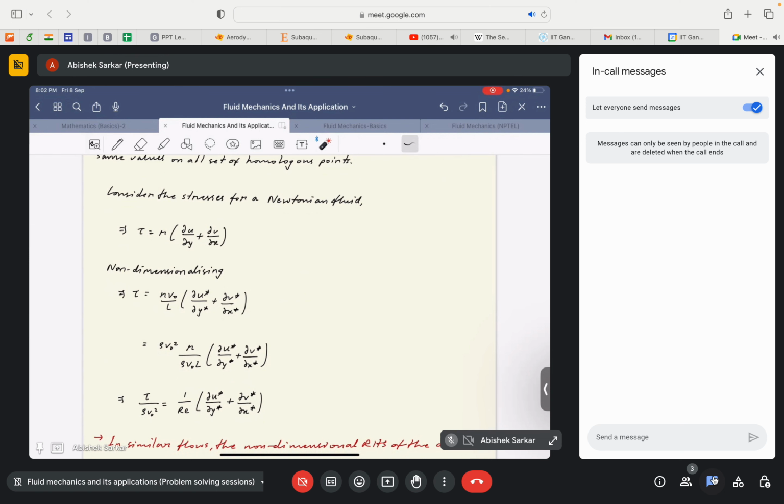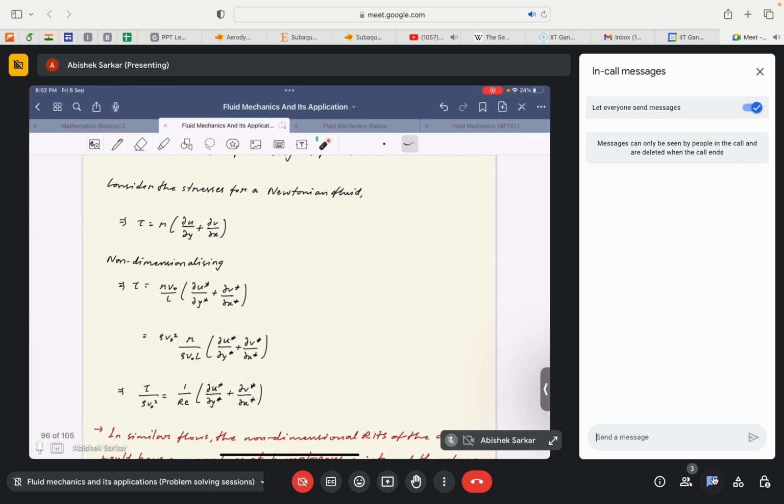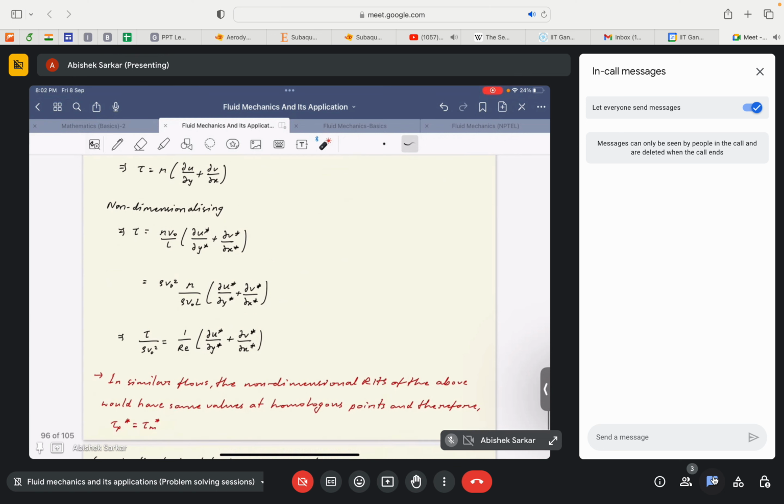Here dou u star by dou y star, the star components, represent the non-dimensional components. So after non-dimensionalizing, we have the coefficient mu v naught by L. To arrive at a well-known non-dimensional number, we tweak this expression a bit.